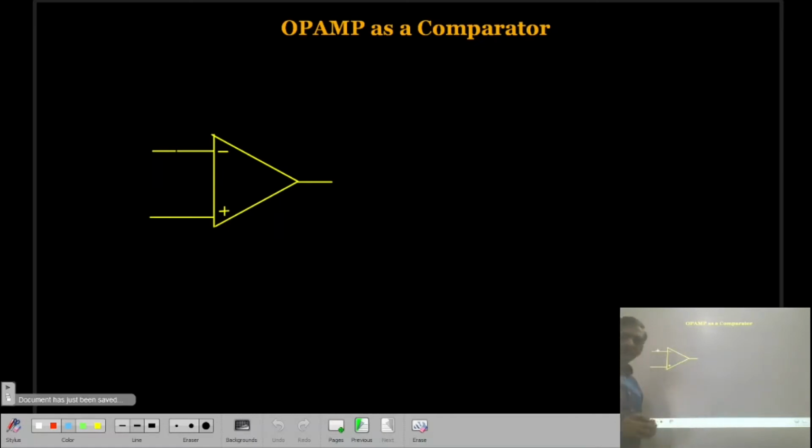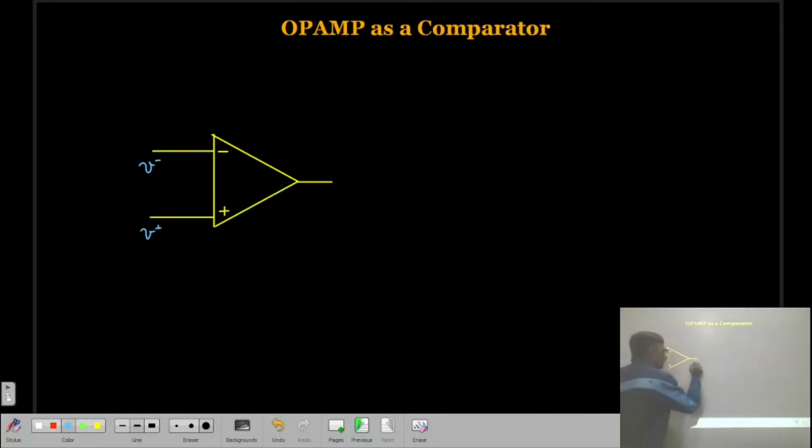The feedback resistance is not there, so it is called open loop. The voltage we apply on the non-inverting terminal is called V positive, and the voltage we apply on the inverting terminal is called V negative.